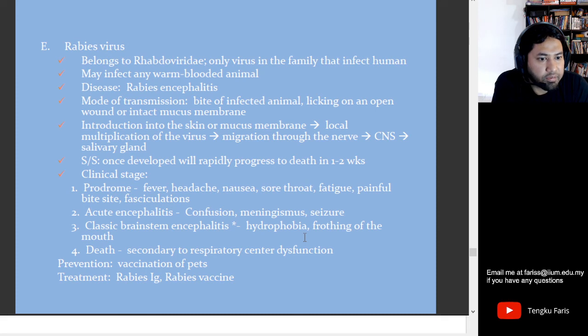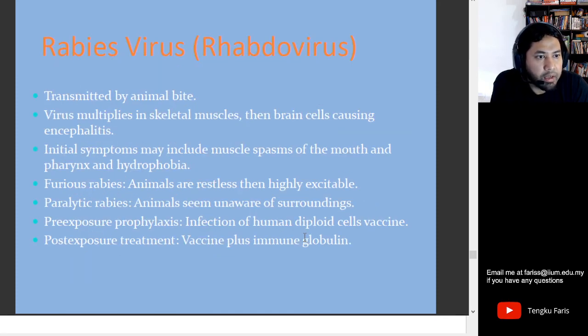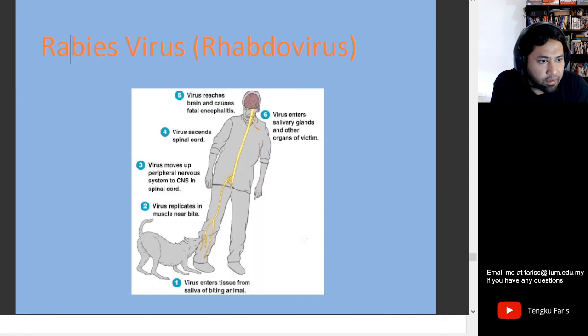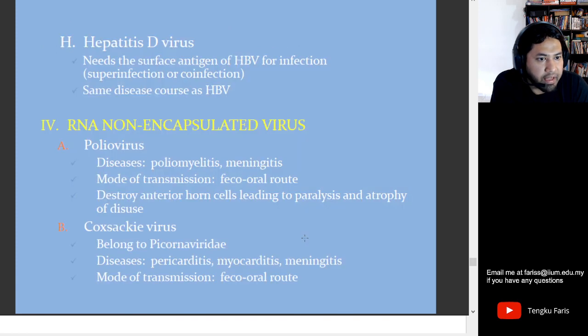Alright, rabies virus, we have discussed this, and in fact you already learned in your PBL session how this Rhabdoviridae family, causing rabies encephalitis, can propagate the virus to infect the central nervous system. Rhabdoviruses, of course, are one of the examples that we already discussed in detail in your PBL session.